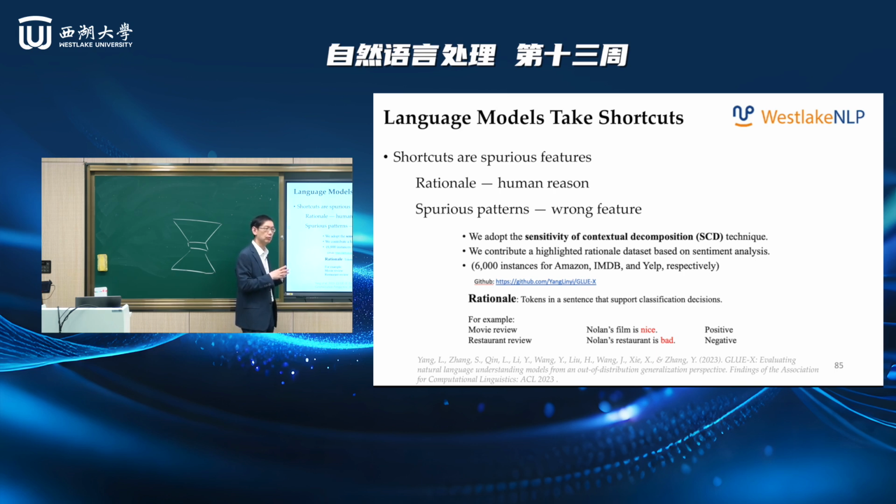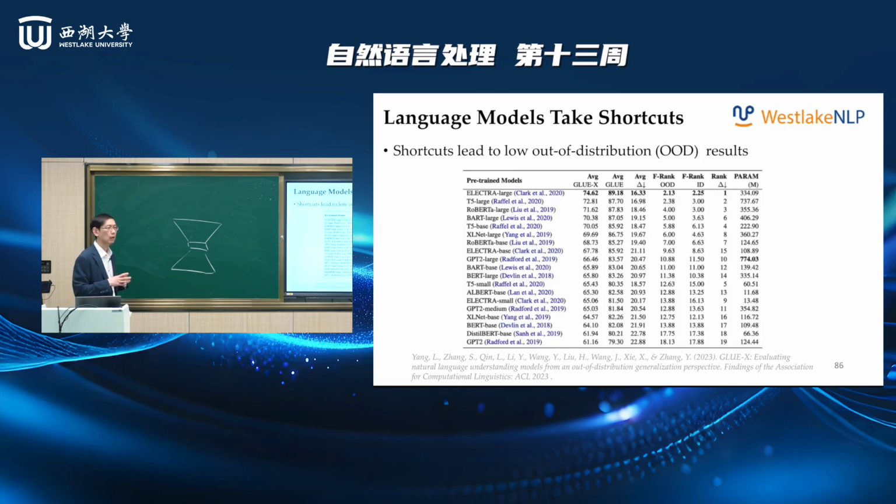If the model overly relies on spurious features, it cannot generalize to other domains. For example, restaurant. Nolan doesn't represent a good restaurant. So here, there are studies on how pre-trained language models generalize across different domains. And people found that this out-of-distribution or cross-domain generalization is also weak for language models.